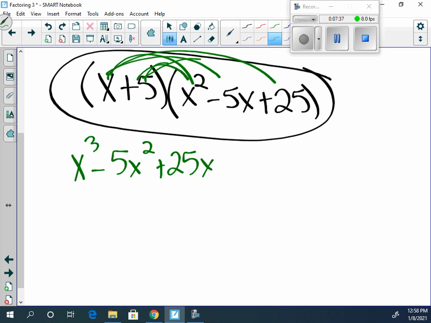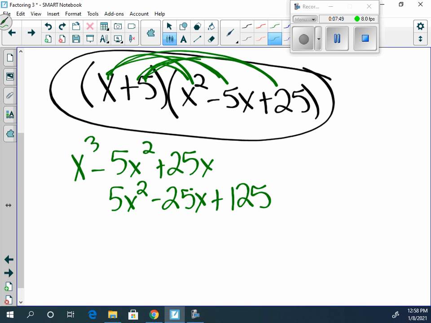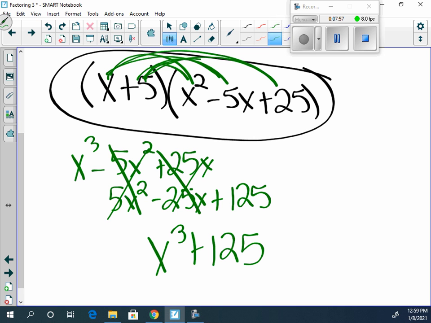Well, 5 times x squared is going to be 5x squared. 5 times negative 5x would be negative 25x. And 5 times 25 is going to be plus 125. Well, these would cancel and these would cancel, leaving us with x cubed plus 125, back where we started.